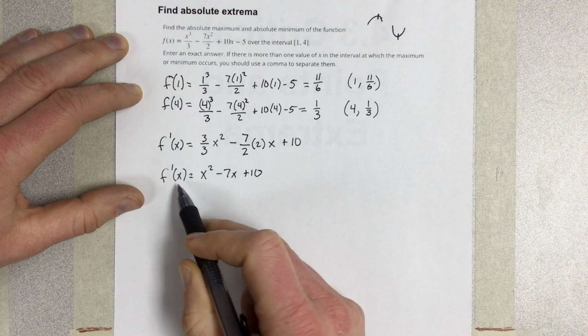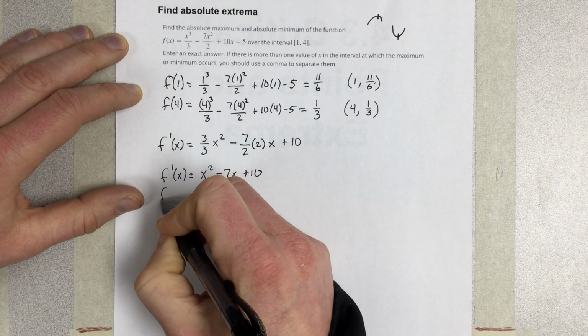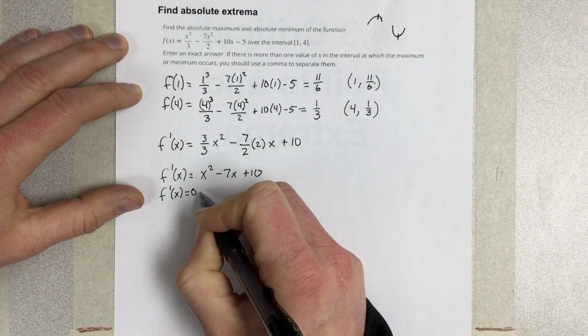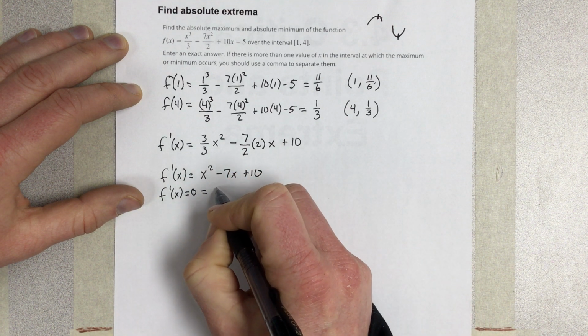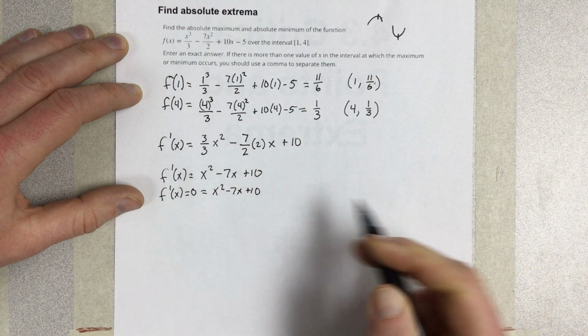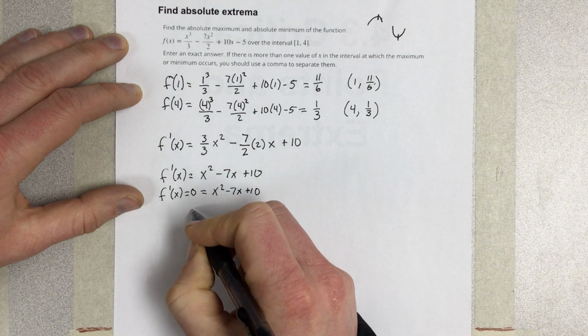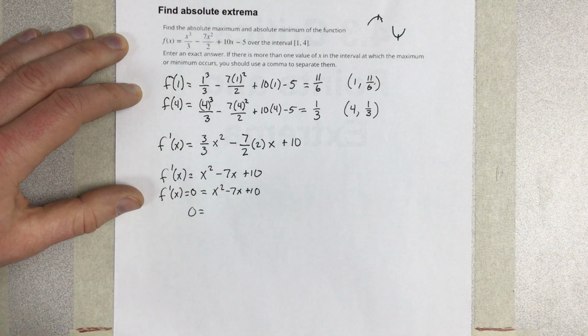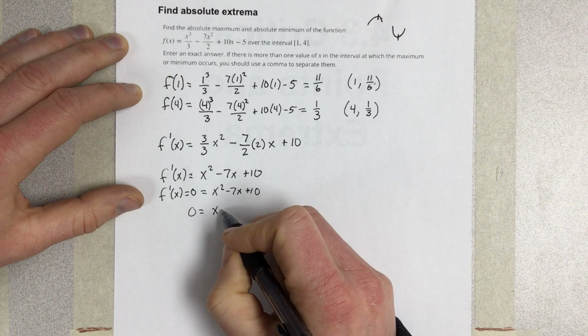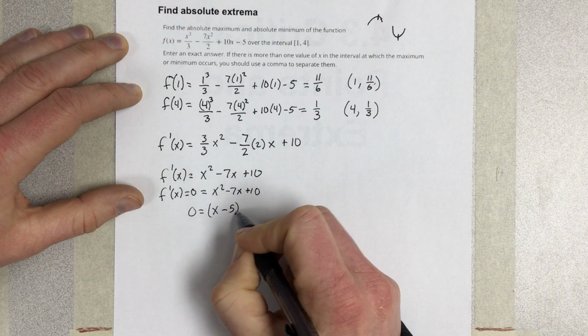Now I want to set this equal to 0, so I want to say that f prime of x is equal to 0, which is equal to x squared minus 7x plus 10. So we're going to factor here. We got 0 is equal to x minus 5, x minus 2.